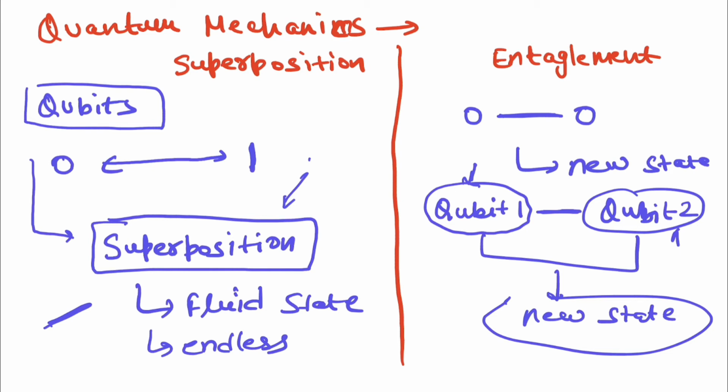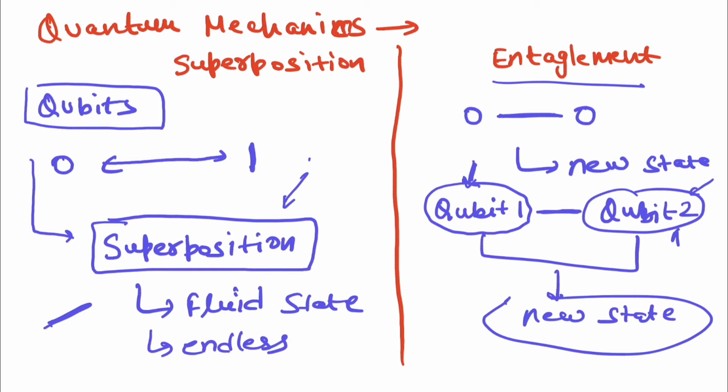Again, this is based on quantum mechanics in physics, that if you change any atom's properties, it impacts other things also, right? So entanglement is the concept of getting a higher number of states by entangling two qubits, or two different states, and changing one state impacts other states also. That is the fundamental principle in quantum mechanics, and this is the concept of entanglement.